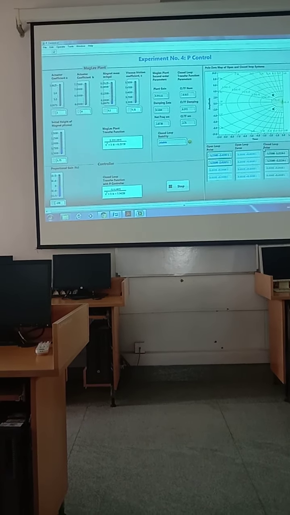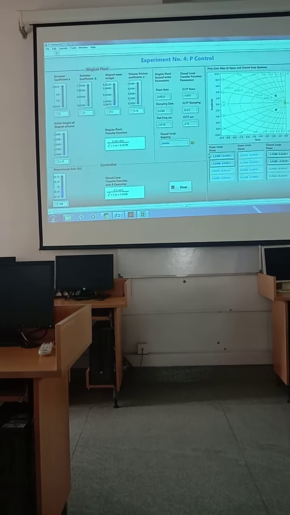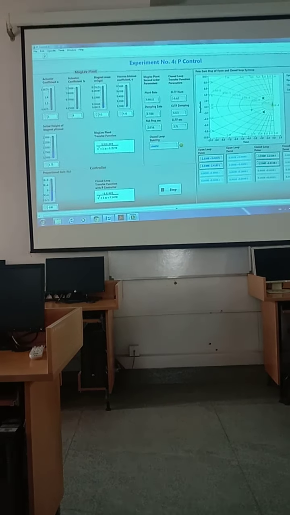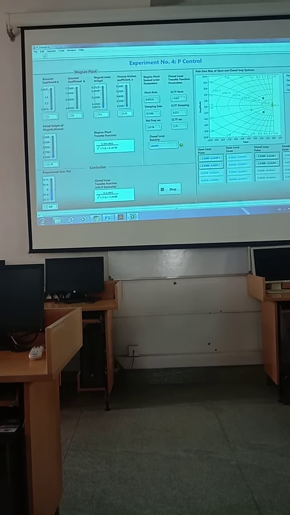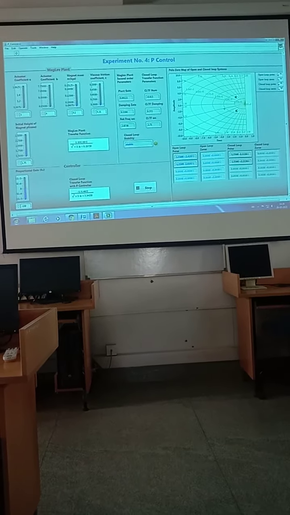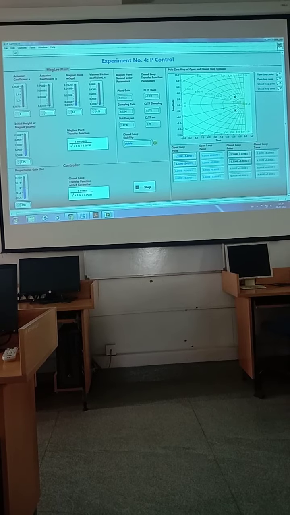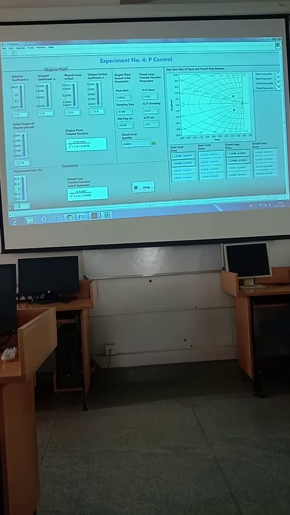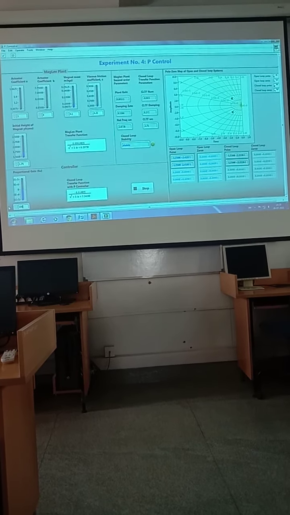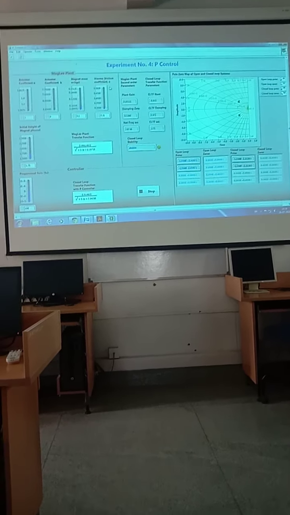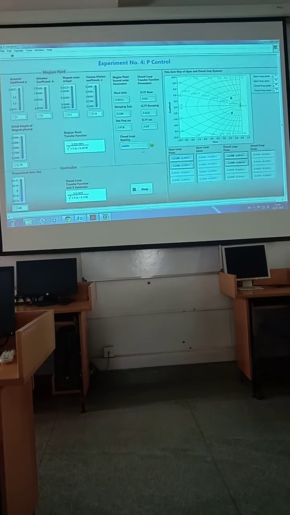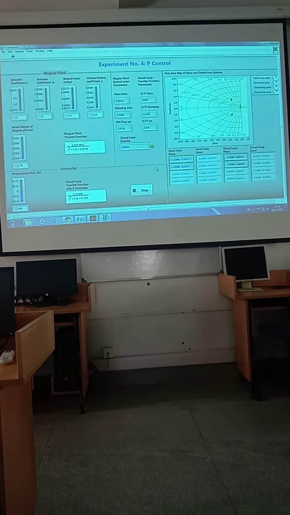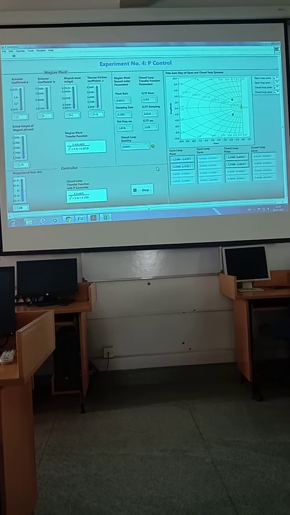It is stable, and the open loop poles and the closed loop poles are in nearly the same location. Okay, next I will increase the value from negative to positive 100. Now also it is almost the same.